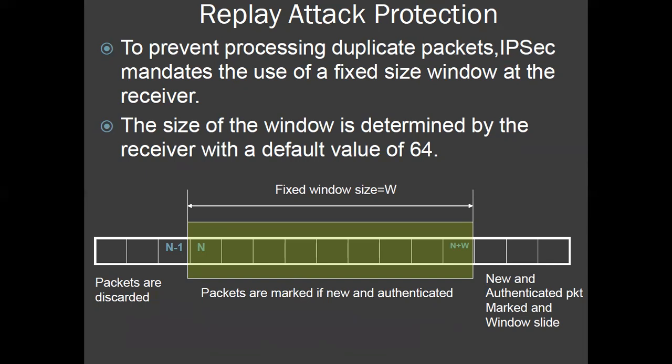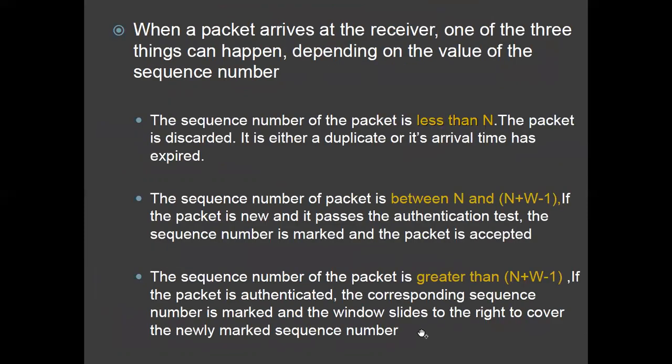When a packet arrives at the receiver, one of three things can happen depending on the value of the sequence number. The packets on the left-hand side are discarded, and the packets on the right-hand side are new, authenticated packets which are marked, and then we can slide the window.